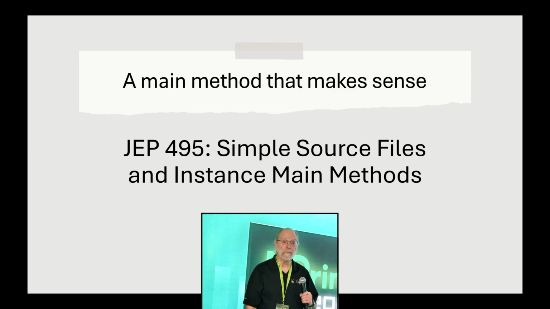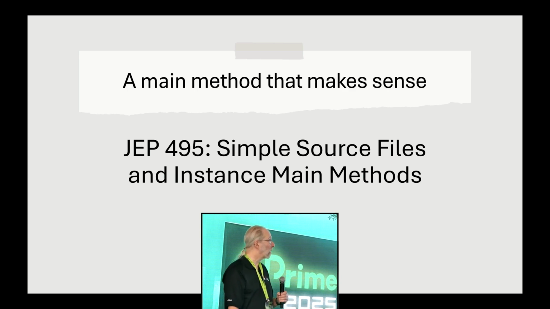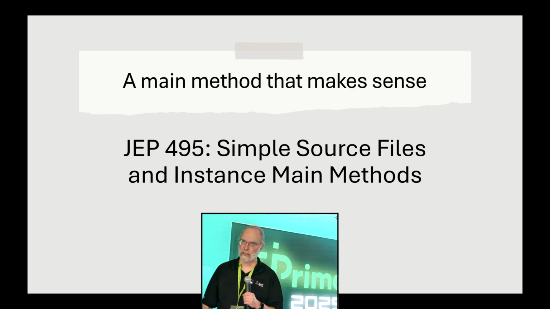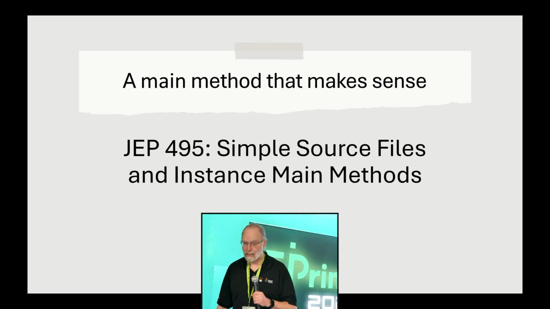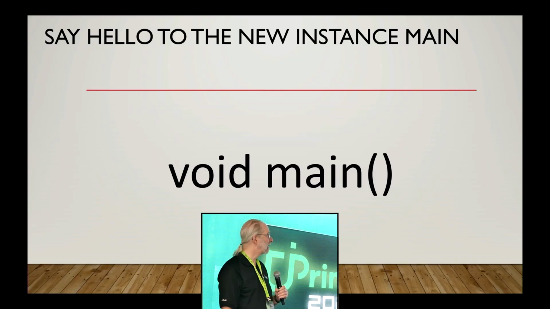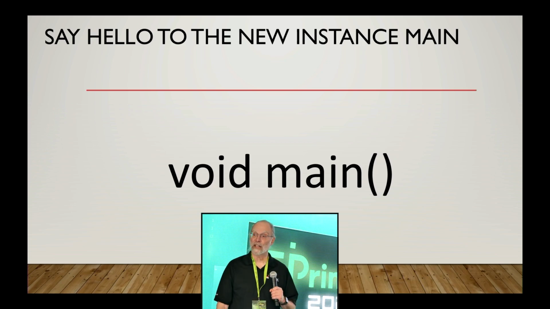So, a main method that makes sense. JEP 495, simple source files and instance main methods, still in preview, but let's take a look at the signature for main. It's just void main.